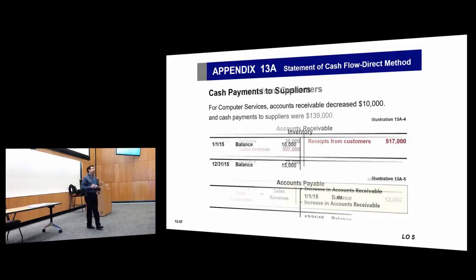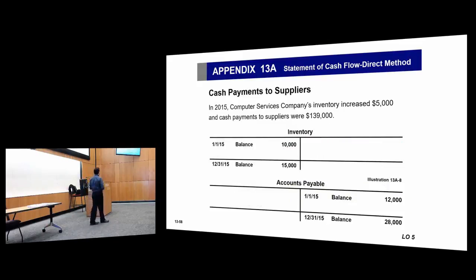Cash payments to suppliers. This is the amount of cash that the company paid to suppliers. Why would you pay your suppliers? You pay your supplier because you purchased goods from them, right? So those are the cost of your inventory.